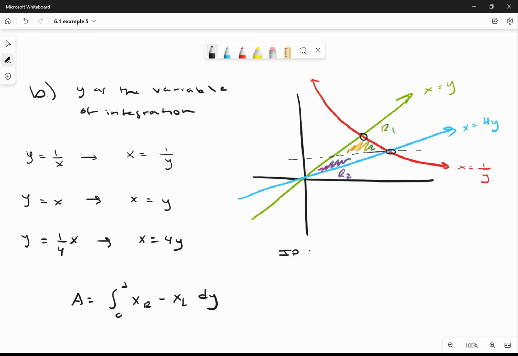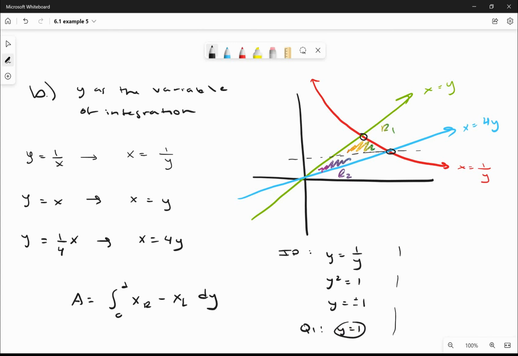So where the green and red meet is where y is equal to 1 over y, which is, when y squared is equal to 1, y is equal to plus or minus 1, and for quadrant 1, that's just y equals 1.